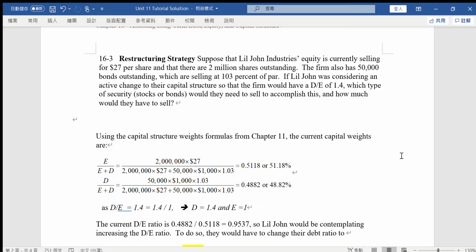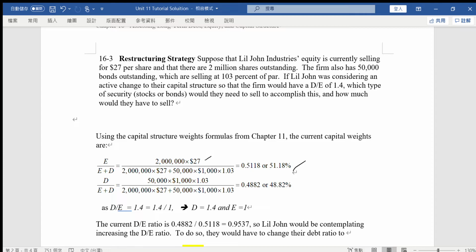Now, using the capital structure formula in Chapter 11, the current capital structure weight will be worked out similar to the previous question. Now we work out the current situation. That is the equity value, 2 million shares times $27 per share, over the total value of the firm, and that accounts for 51.18%.